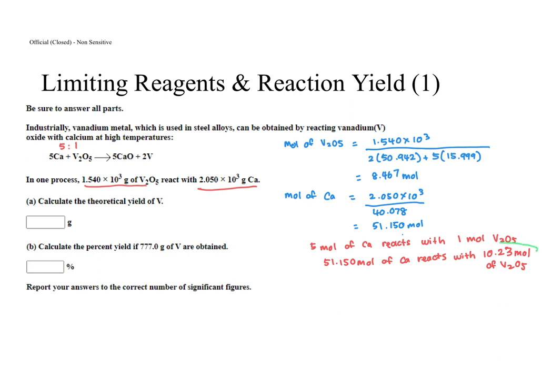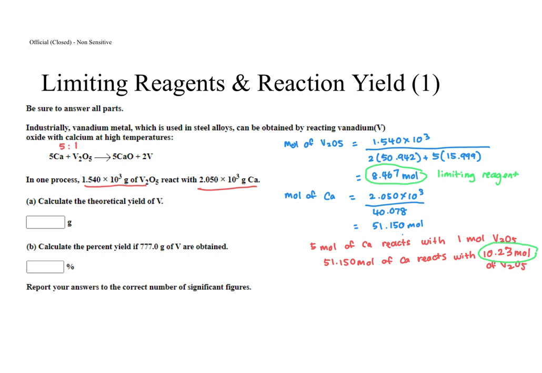So if we compare the moles of vanadium oxide that we need and the moles of vanadium oxide that we have, we see that actually we have less than what is required to react fully with the calcium. So vanadium oxide is the limiting reagent. So now to calculate the moles of vanadium that will be produced, we have to base it on the limiting reagent.